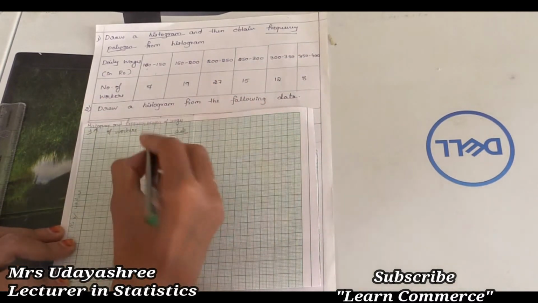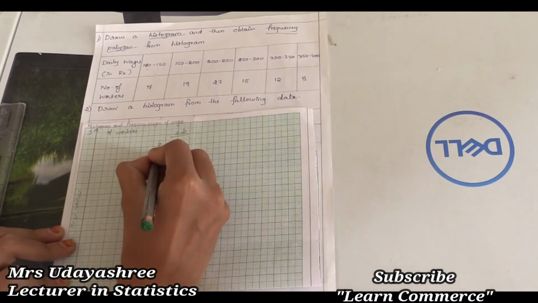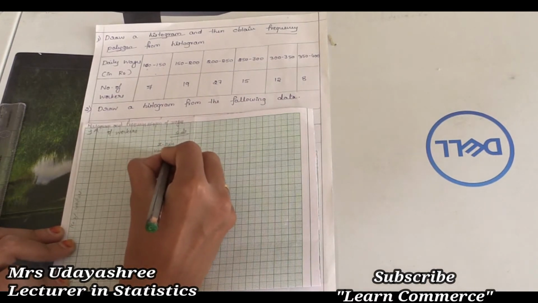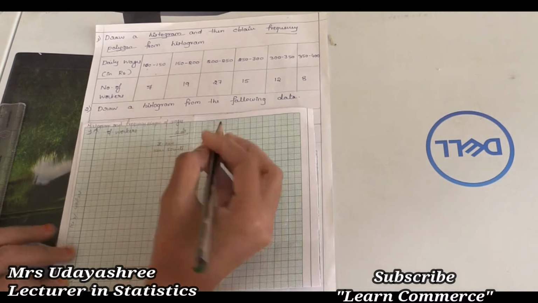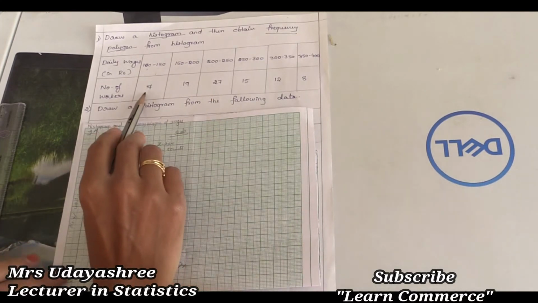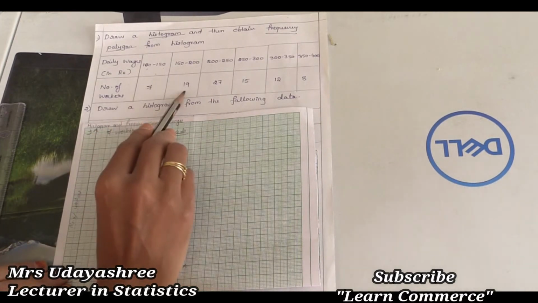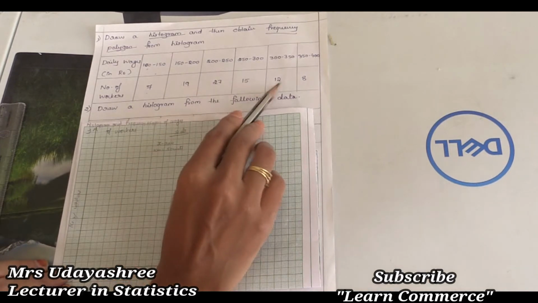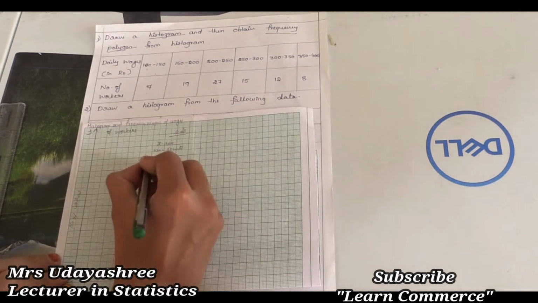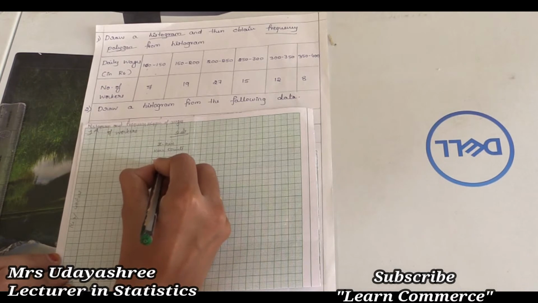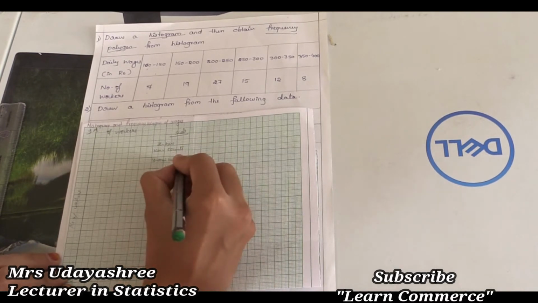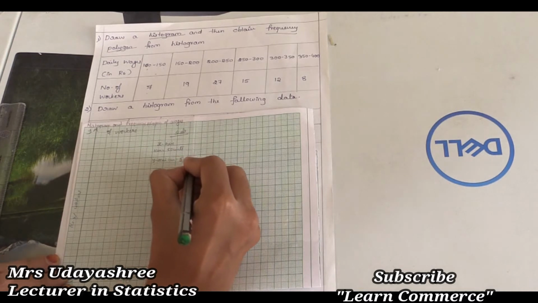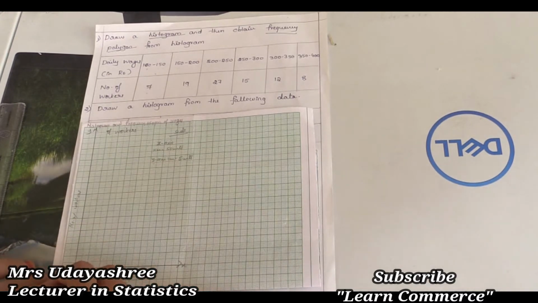A suitable scale for the x-axis is 1 centimeter equals 50 units. The number of workers are 7, 19, 27, 15, 12 and 8, so a suitable scale for the y-axis is 1 centimeter equals 5 units. We know that the origin is 0.